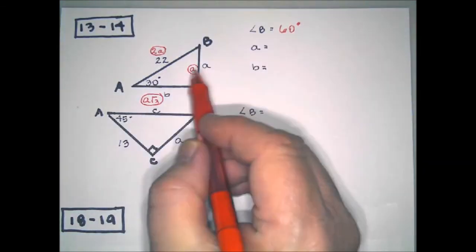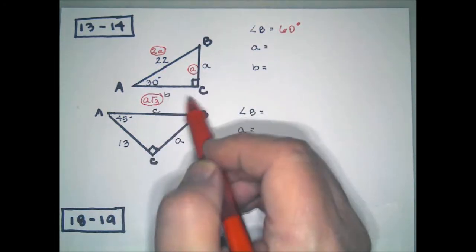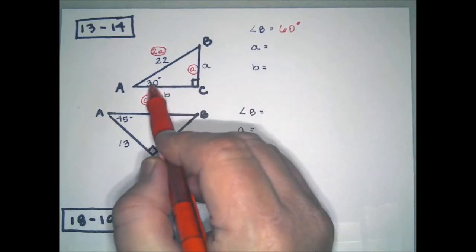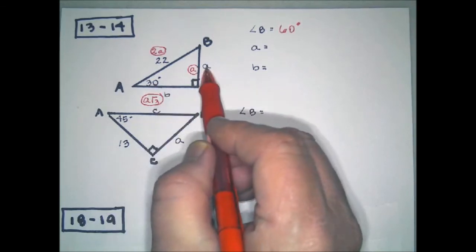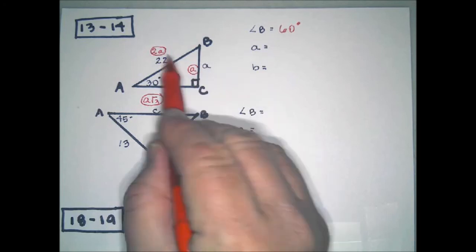So, knowing that relationship always holds true in a 30, 60, 90 triangle, then the side opposite the 30, which is the shortest leg, which happens to be A in this problem, the relationship is A, 2A.